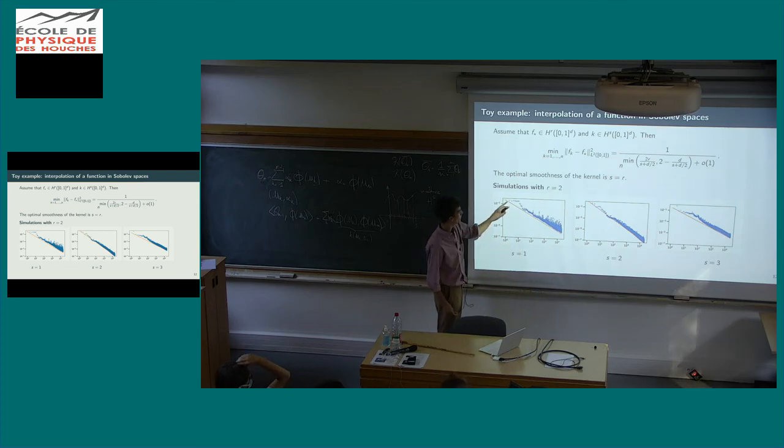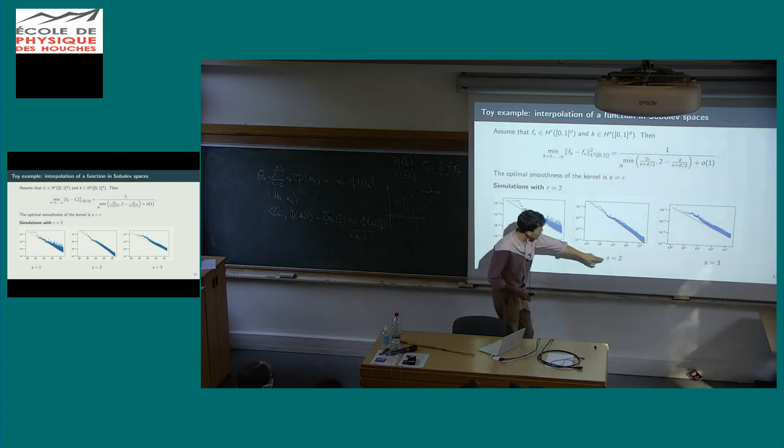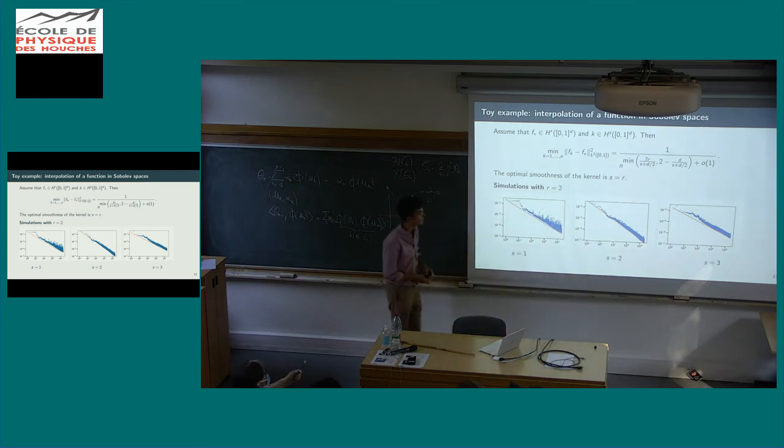My prediction is that it's a line in log-log plot with a certain slope. And I see that the slope indeed matches the minimum in the 3 cases. And indeed, it is fastest when S matches R. Okay?